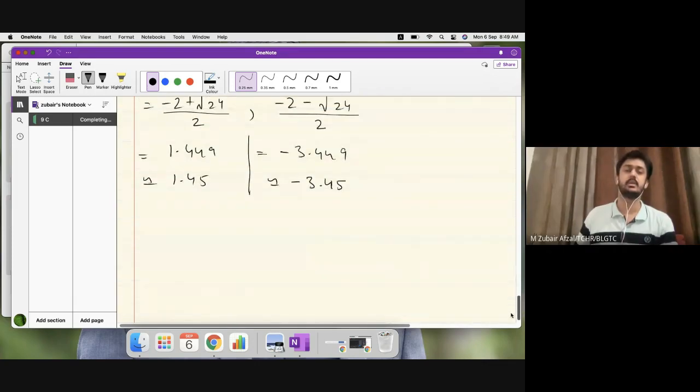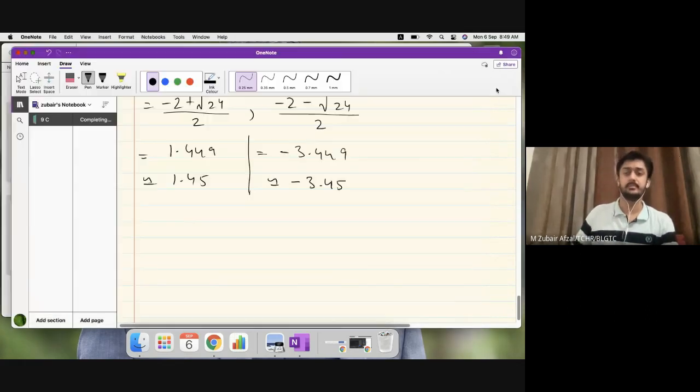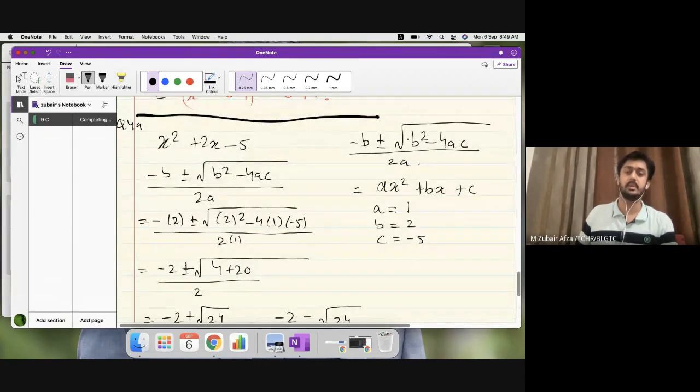That is why we are doing it using the quadratic formula. And how do you know it? The question says it. And sometimes the question says solve where possible. Even then, when you apply the quadratic formula, if you get a negative value under the root, that is a signal that this question has no solution.